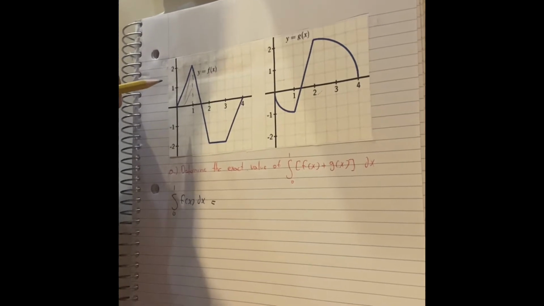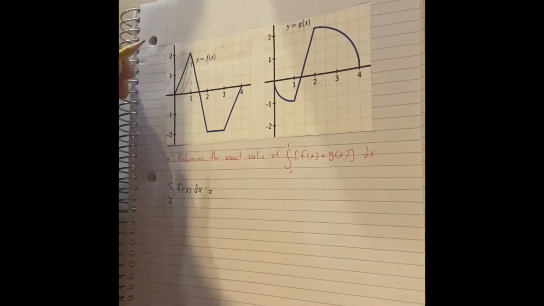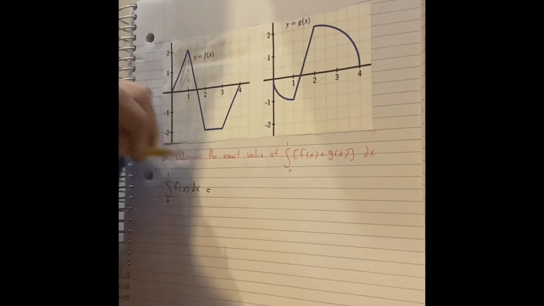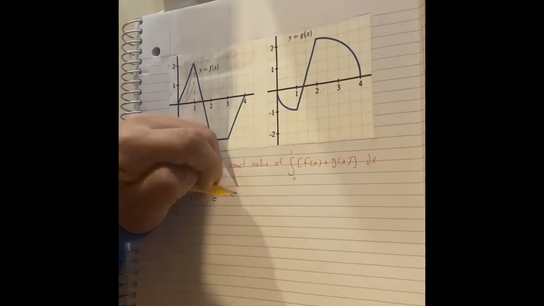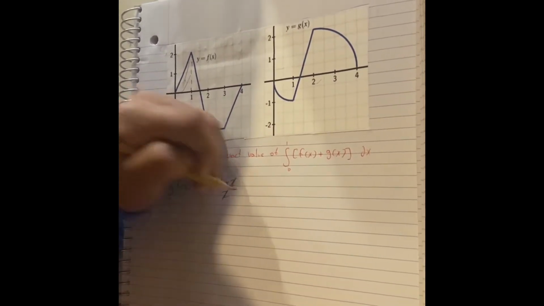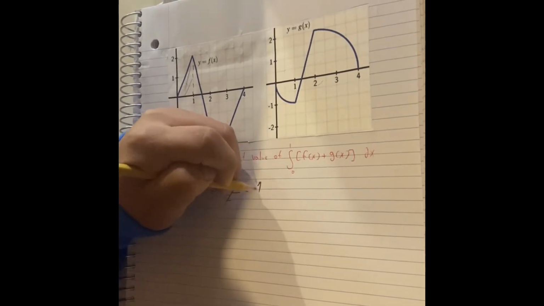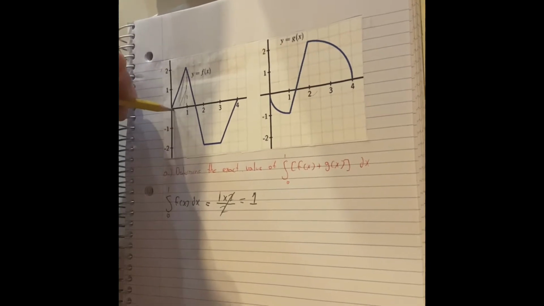So we're just gonna use the triangle area, which is base times height divided by 2. The base here is 1, the height here is 2, we're just gonna divide it by 2, which is just gonna be 1.